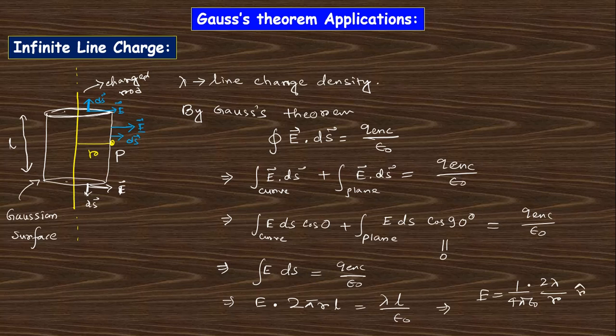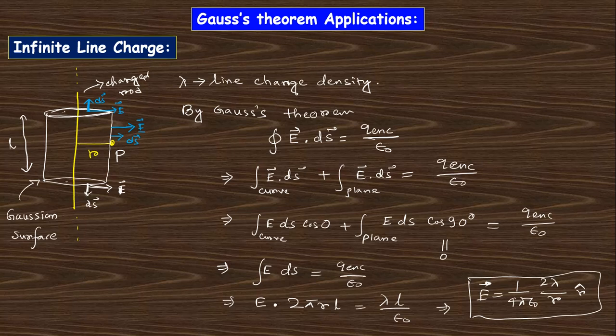So if you want to write it in vector form, we can write this in vector form, and you can check this electric field is nothing but the same as we obtained using Coulomb's law. Using Coulomb's law, we get the same electric field as we now obtain using Gauss theorem. Clear?